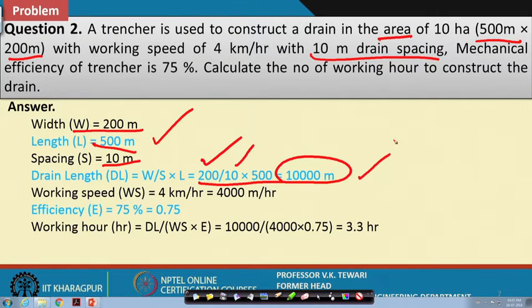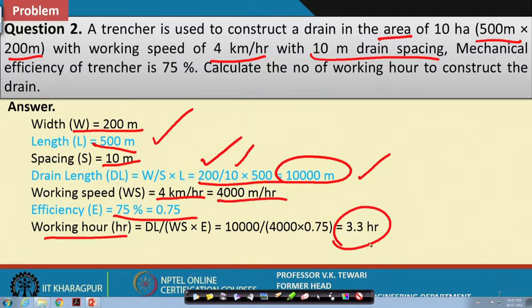Then the working speed is already given as 4 km per hour. So that the units are proper, we make it 4,000 meters per hour. With the efficiency of 75%, that is 0.75, the working hours required come to about 3.3 hours by simple calculation.